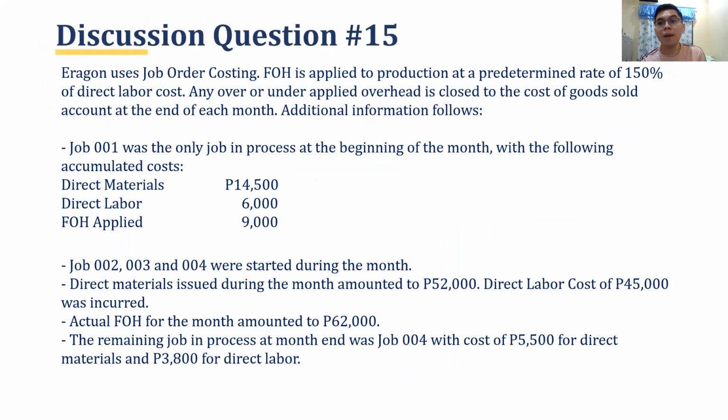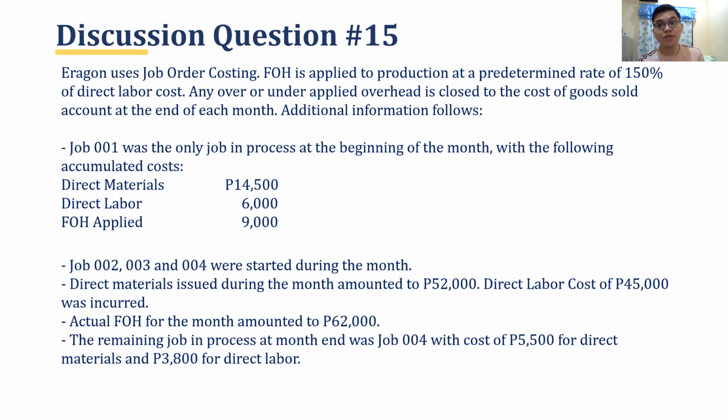Una, we have job 001. It was the only job in process at the beginning of the month with the following accumulated cost in work in process inventory beginning. Direct materials 14,500, direct labor 6,000, and factory overhead applied na 9,000. Then for the month, it started jobs 002, 003, and 004.